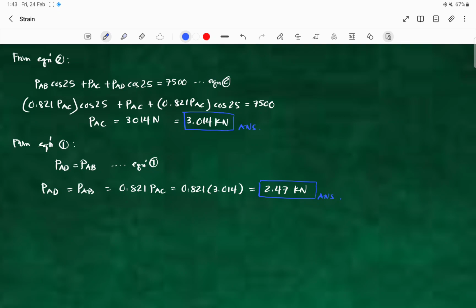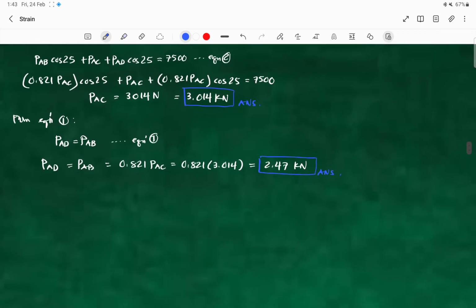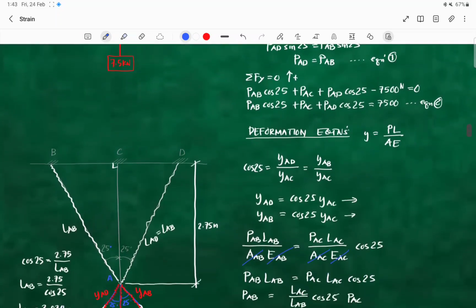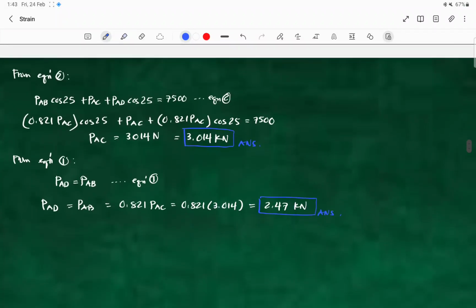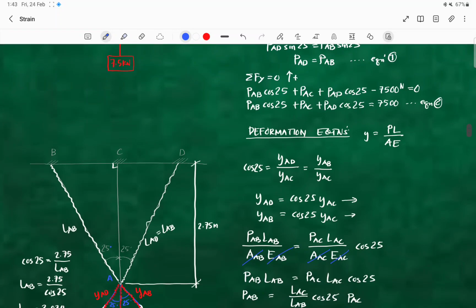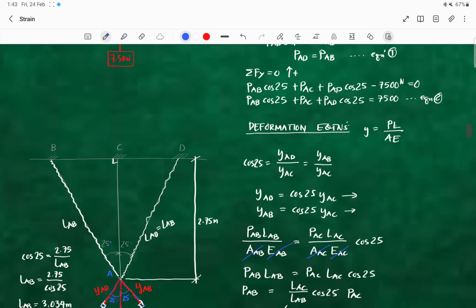I think yun lang. So, if we want to compute for the deformation nung tatlong steel rod, so anyway, given na yung lahat ng forces, no? We have tatlong forces. We just need to substitute yung value nung dito, no? Yan.